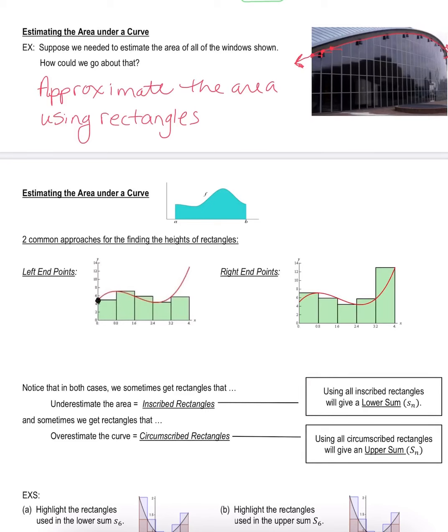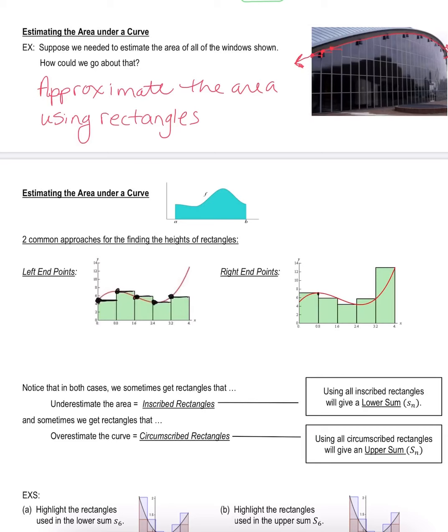As you look at these pictures, let's emphasize that we have a region that has been divided into what looks like 5 rectangles. And in the first picture, they went to the left edge of each of these and just made that the height. And you can see sometimes we get maybe too much area and sometimes too little, but they use left endpoints in the first picture.